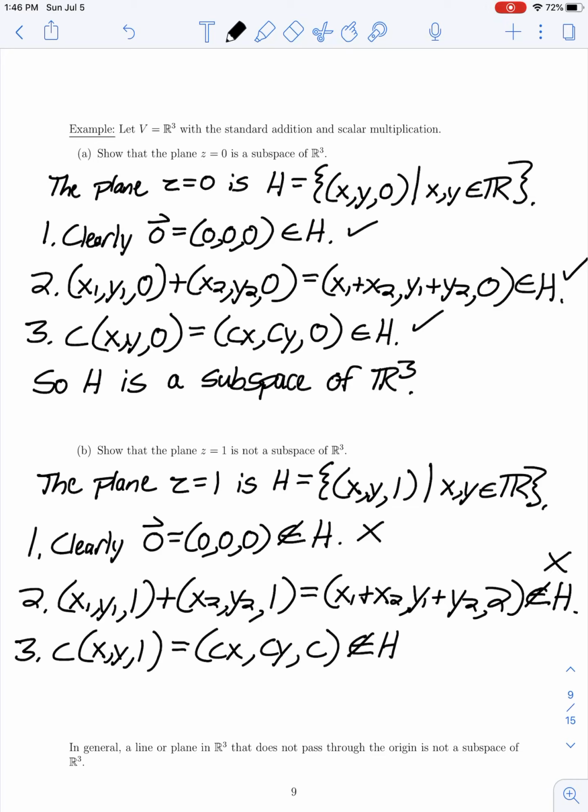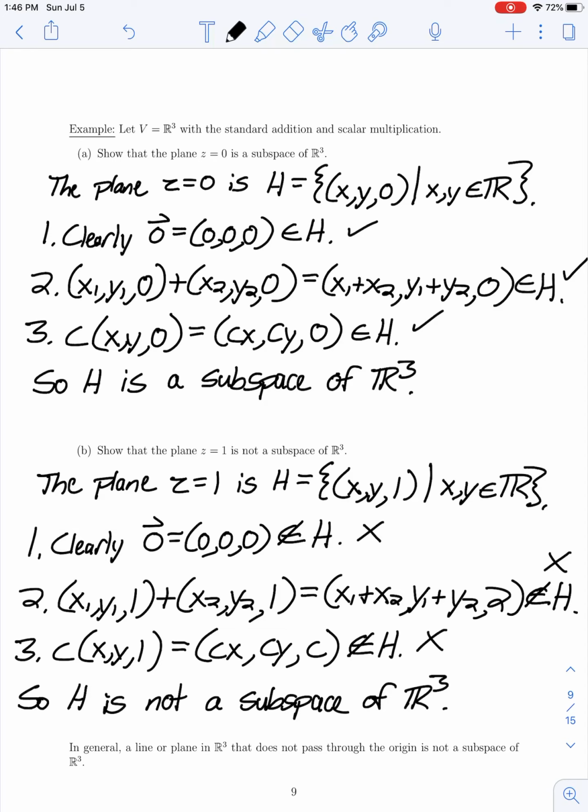So in particular, any scalar other than 1 would not be contained, or that product would not be contained in the set H. Therefore, it is not closed under scalar multiplication. So any one of these 3 properties failing to hold immediately means that our plane H is not a subspace of R3.